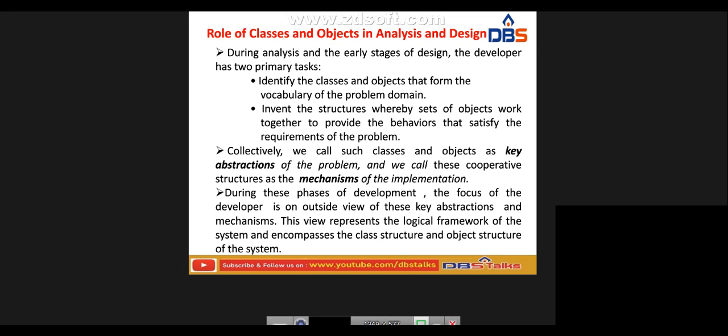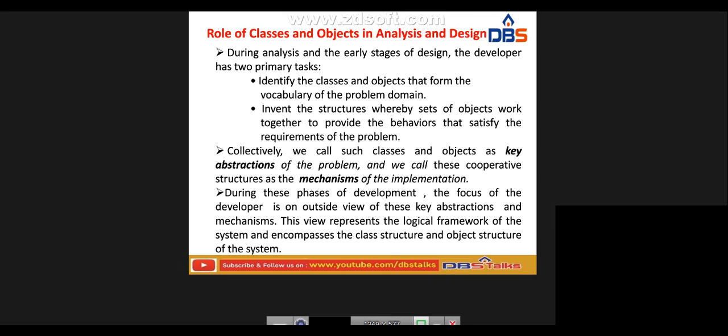During these phases of development, the focus of the developer is on the outside view of these key abstractions. So first of all, whenever we develop a particular system, the developer goes for the outside view. We identify what the outside view of the particular system is, and then we go on to implement it.